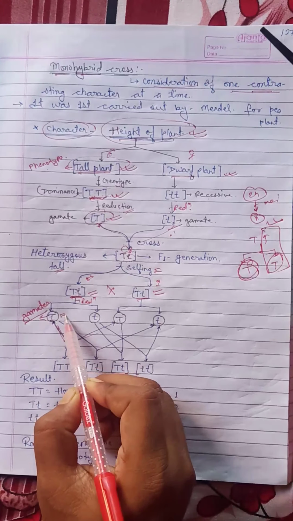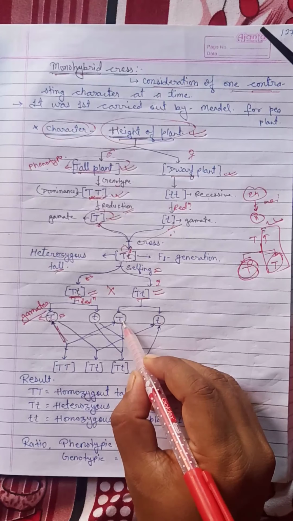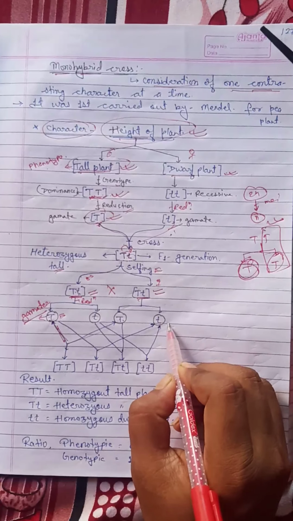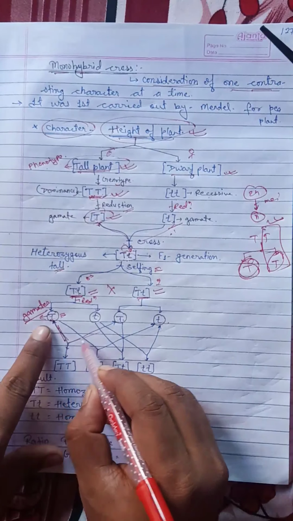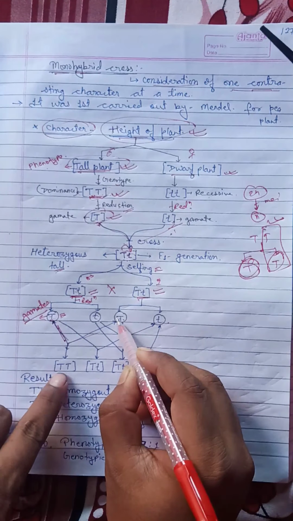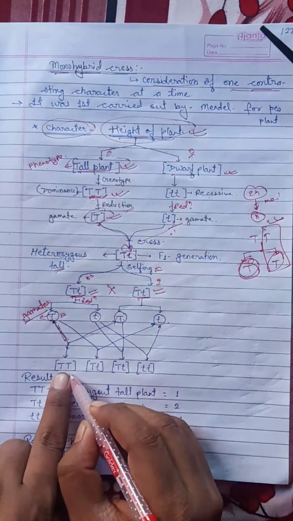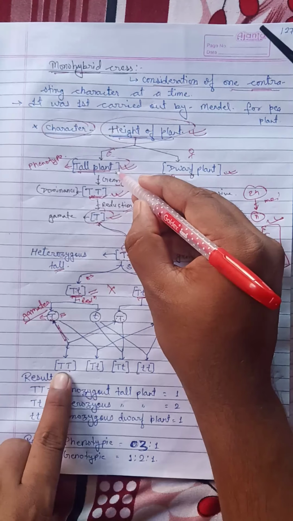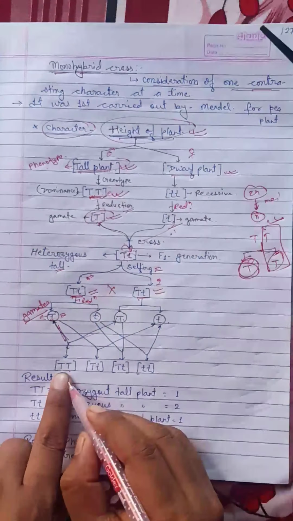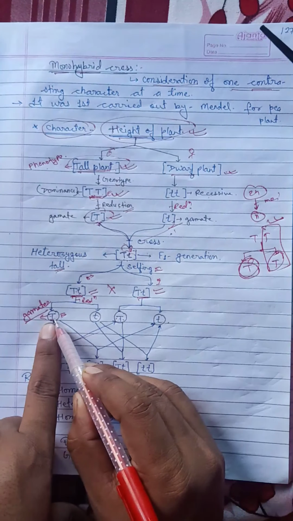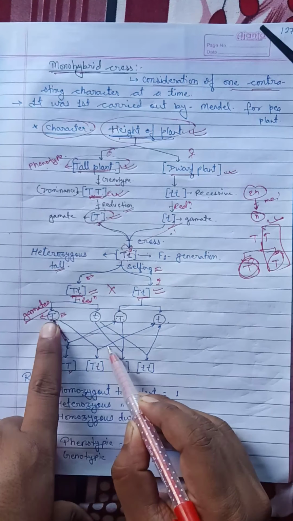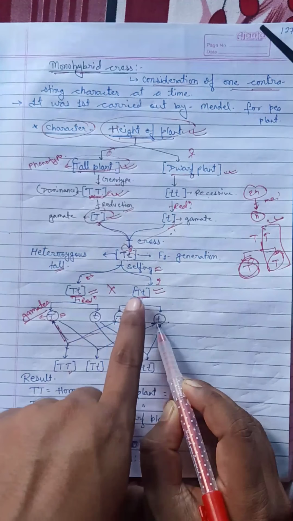This capital T gamete can be crossed with capital T and a small t, so that capital T crosses with capital T to form capital T and capital T. That means homozygous tall. Is it okay?